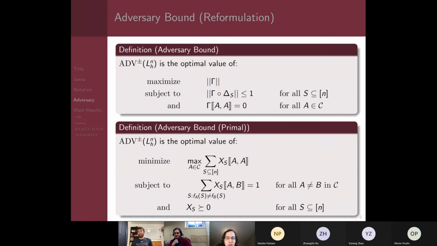So X sub S, the subset S, well, here we have one possible query for each subset. So the subset S is basically like the position j at which you're querying. X sub S is basically like X sub j, where that's the query position, because you have one query for each possible subset.